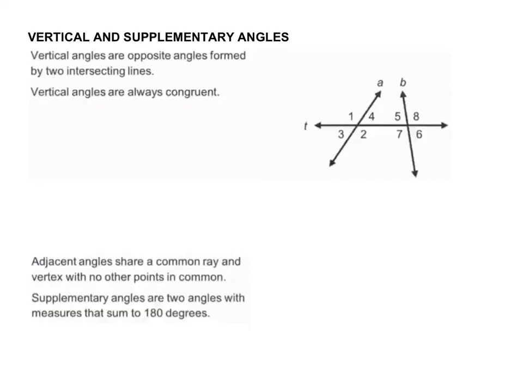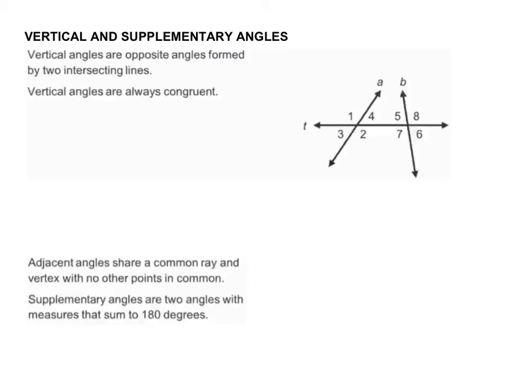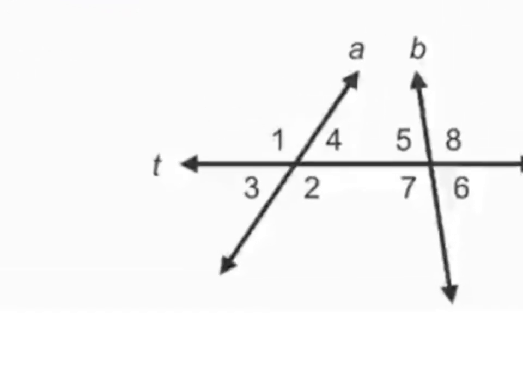Now, within each of these, you have these specific angles that are called vertical and supplementary angles. So what I want to do here is vertical angles are opposite angles formed by two intersecting lines. So let's just look at this figure here.